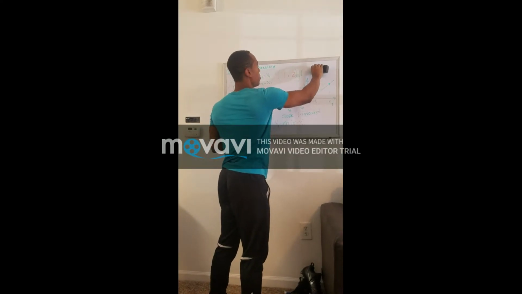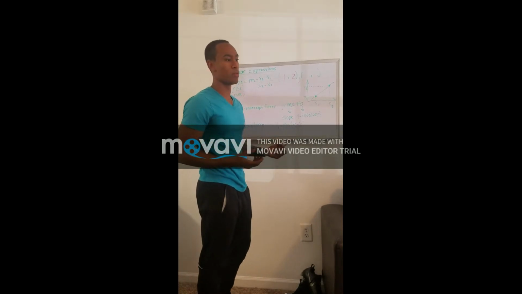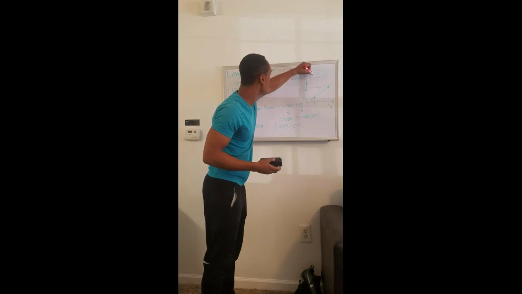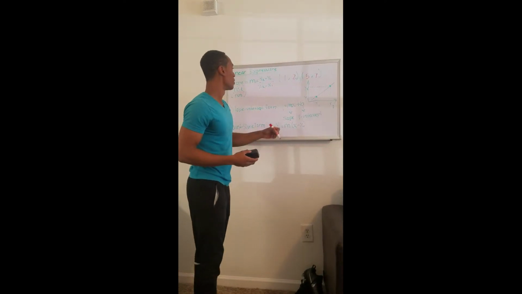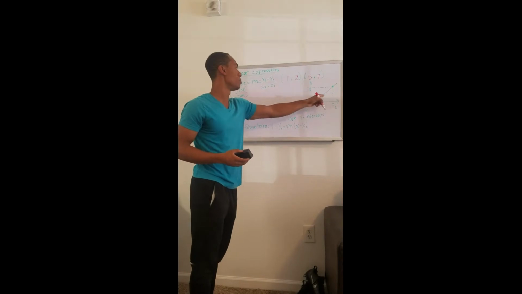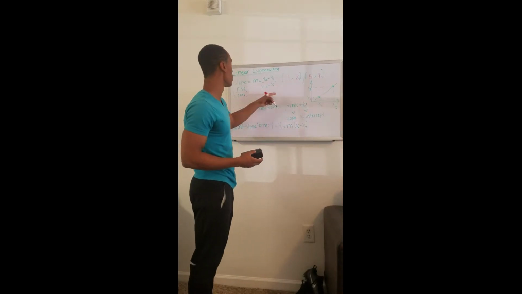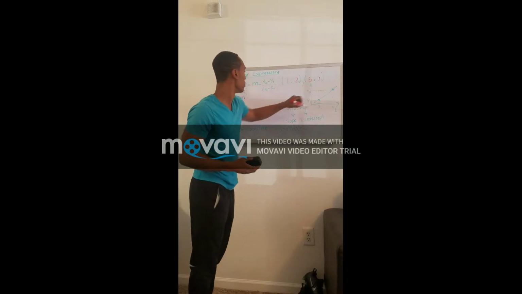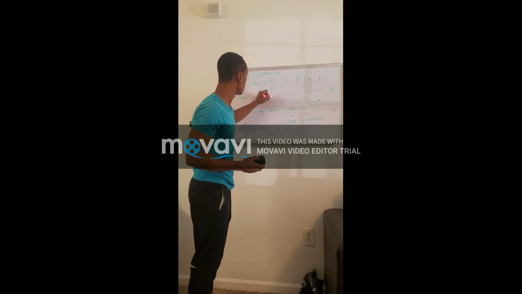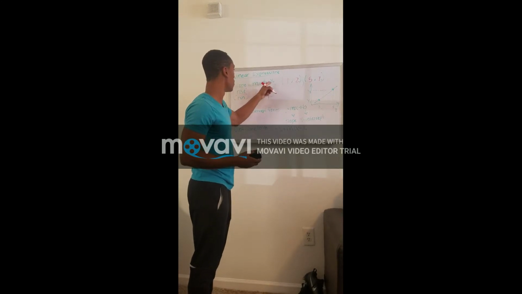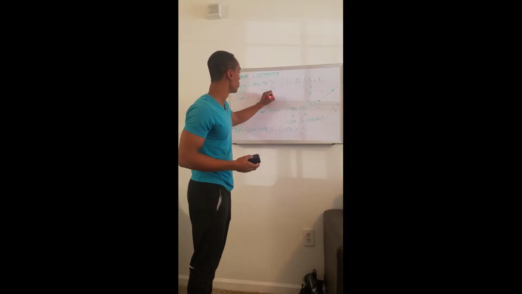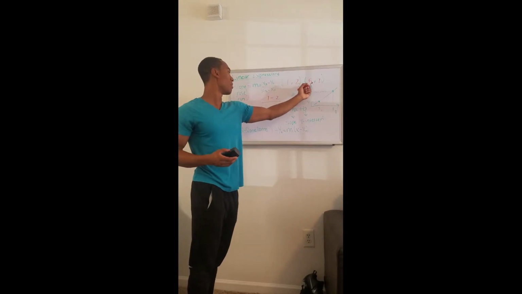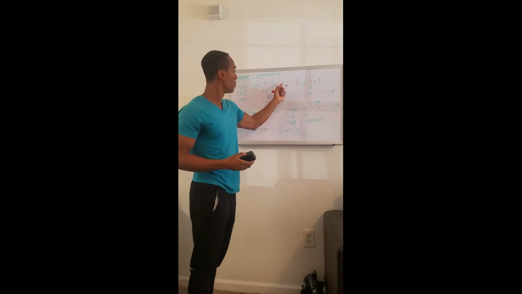And let's make the second point 5, 7. So you can think of these 2 points as these 2 points on this line. So we're going to use our slope formula. y2 is 7 minus y1 is 2 over x2 is 5 and x1 is 1.